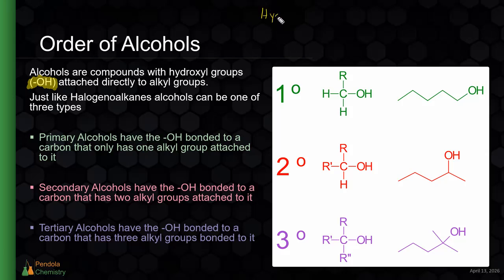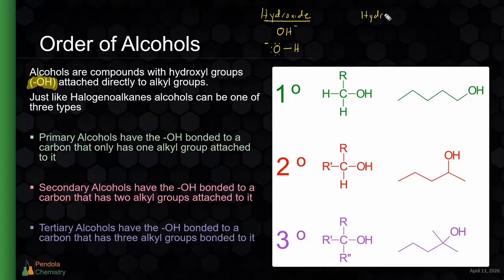Now, how is this different from the hydroxide ion? The term hydroxide is used to refer to the ionic version of OH. So the OH minus ion, which is essentially an oxygen with 3 lone pairs of electrons and a bond to a hydrogen atom, which gives that oxygen a negative charge.